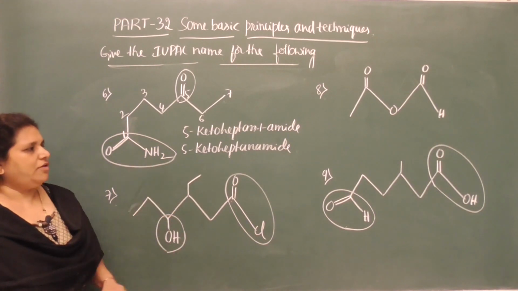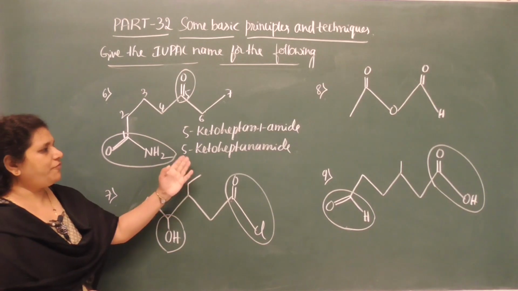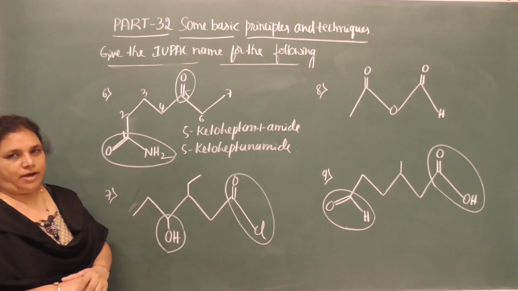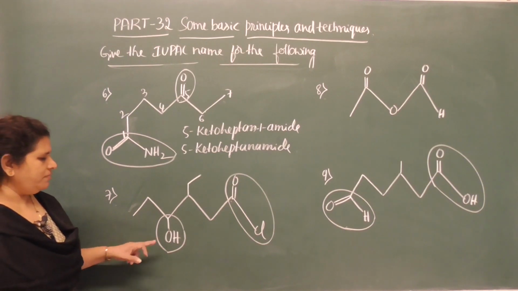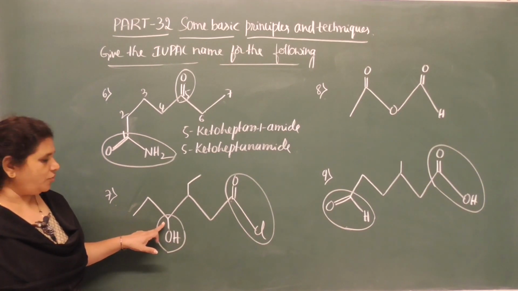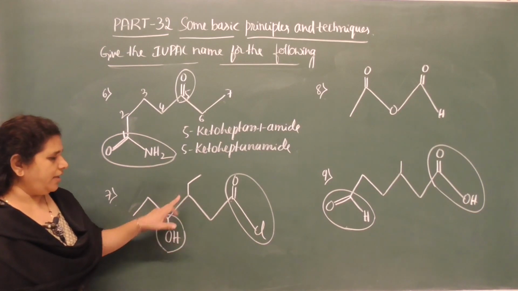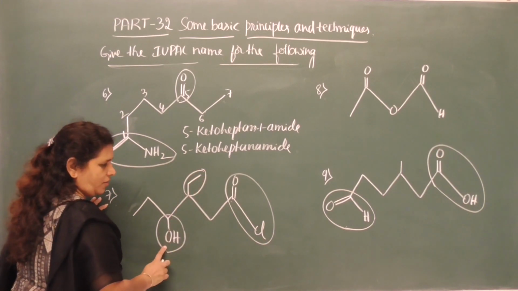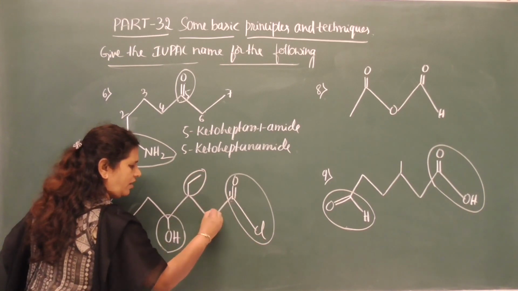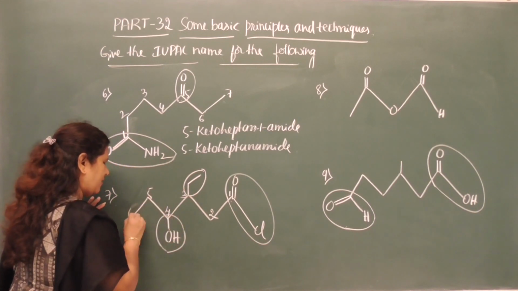Instead of keto, you can even use oxo: 5-oxoheptanamide. Now what about the seventh one? So we have an OH group here, we need to treat it as the substituent, and here is an ethyl group, and this is hydroxy. 1, 2, 3, 4, 5, 6.